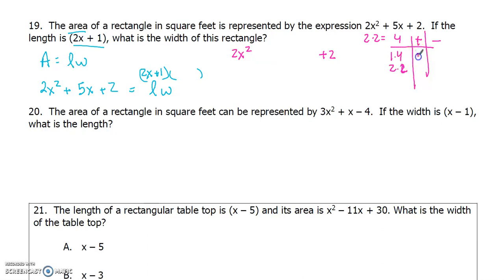I'm going to add and subtract, and then add and subtract, and I'm looking for my middle term of 5. So I found it right here. I'm going to use 1 and 4. And my signs are going to be the same. So if I have 1x and 4x, my signs are both whatever this is.